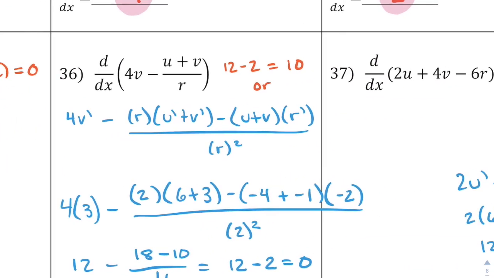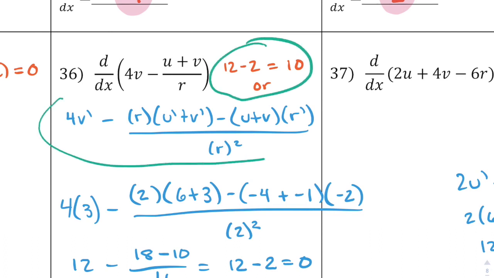We have 4v minus u plus v over r, which was calculated above to get the number 10, or go thoroughly throughout, and as you can tell, this is probably easier than doing all of this, but all the work is there. Denominator times derivative of the numerator minus numerator times derivative of the denominator, all over denominator squared.